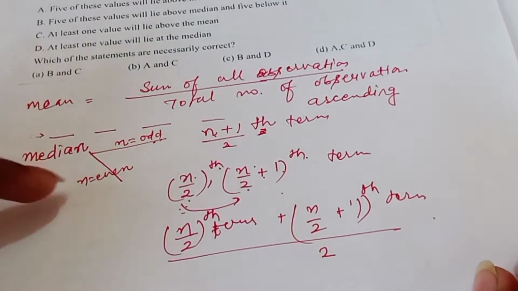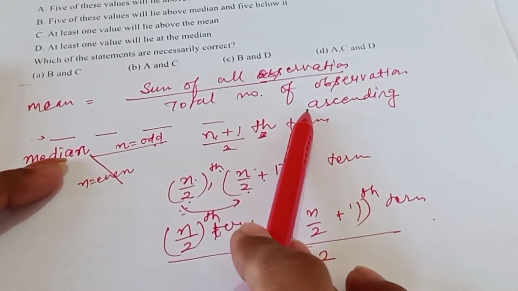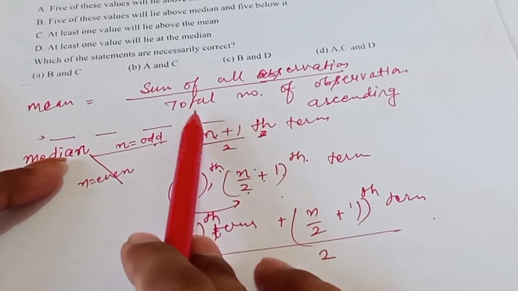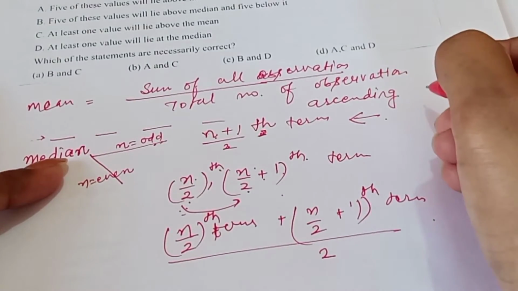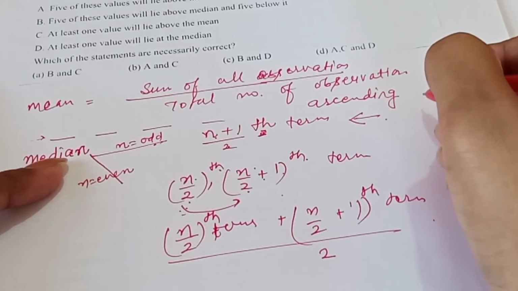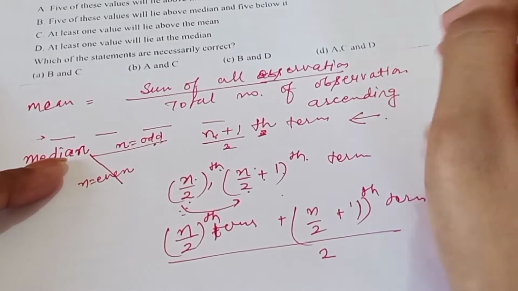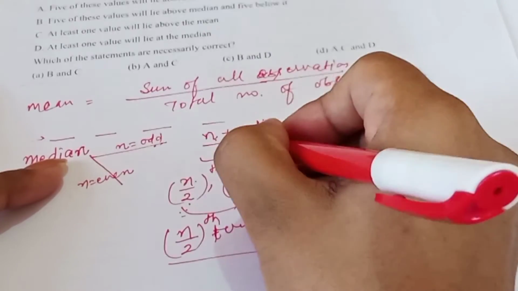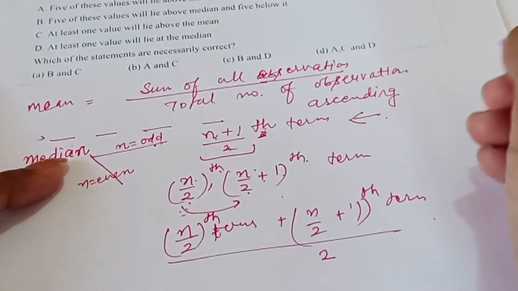As we know, when we arrange the terms in ascending order, in this case the median is the middle term, lying exactly at an observation value. It means the n plus 1 upon 2th term is a term which is given in the observation.